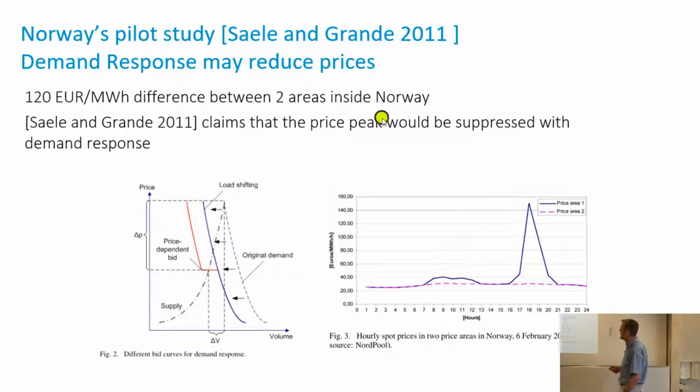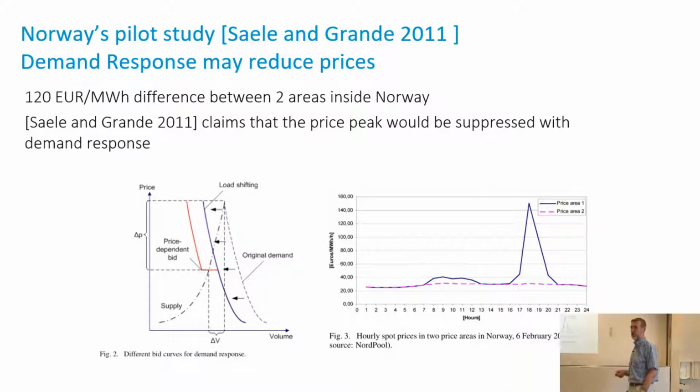The price inside Norway, so Norway is an example of grid which has a lot of generation in the mountains with hydro, which is far away from the large urban centers, and then the location prices may depend very much on the demand.